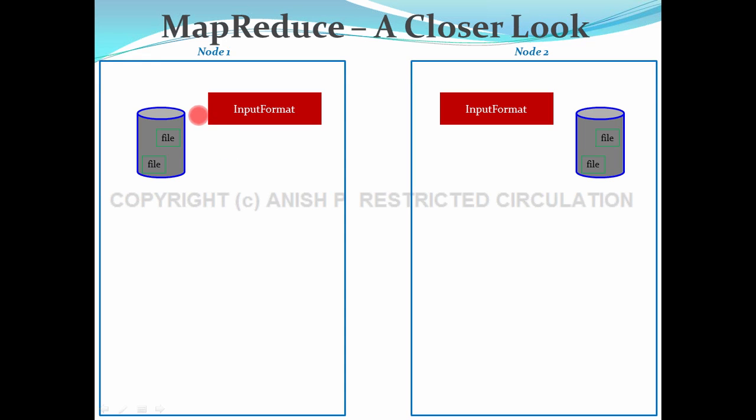In other words, it helps load the data. I shouldn't really use the word read, because reading is done by the record reader. My input format helps in reading the data, or simply defines how to read the data.